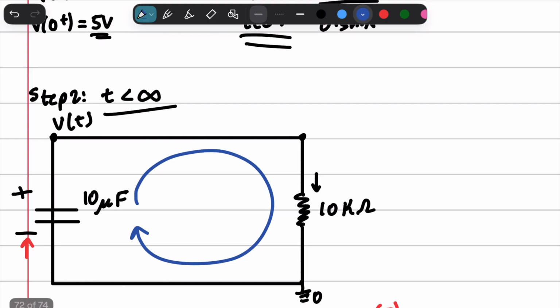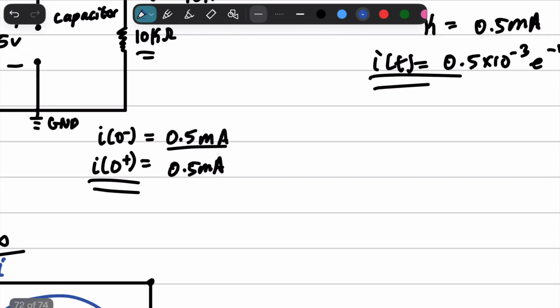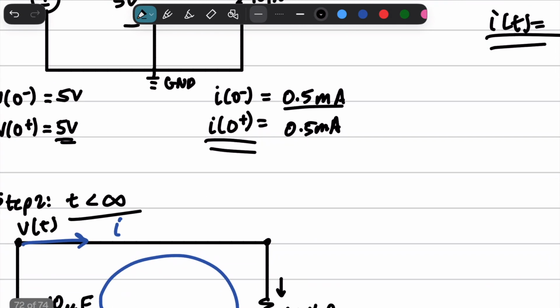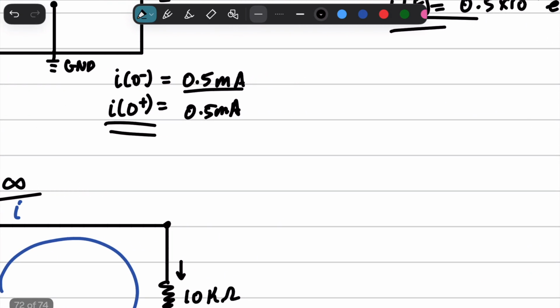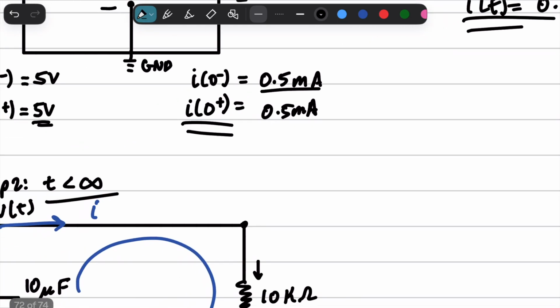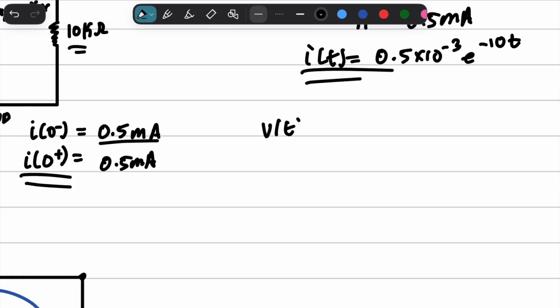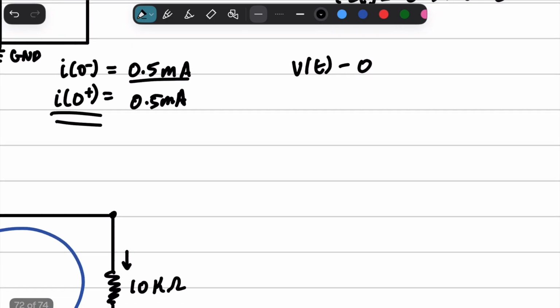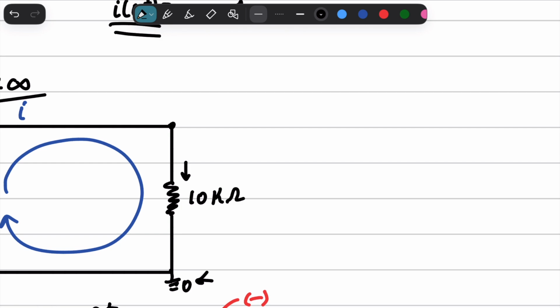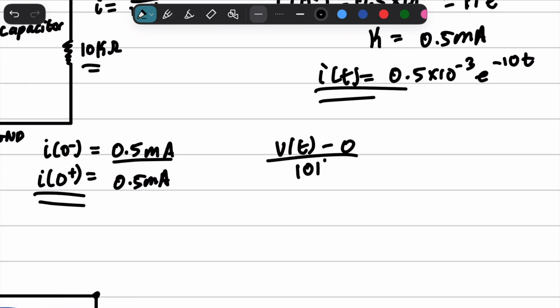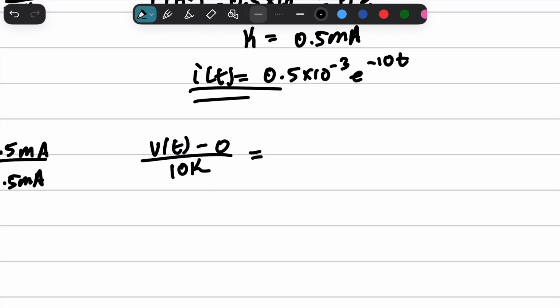Well, we can find V of t right here because we know I, so we can just use Ohm's law, some variation of Ohm's law, from this node right here, and we're going to say V of t minus 0, right, because we're going down to ground, divided by 10k is equal to 0.5 milliamps e to the -10t.